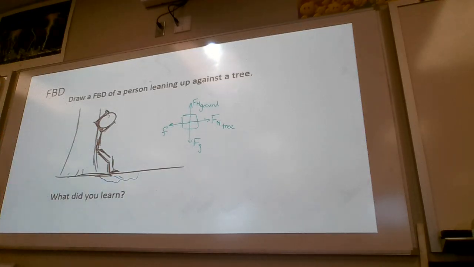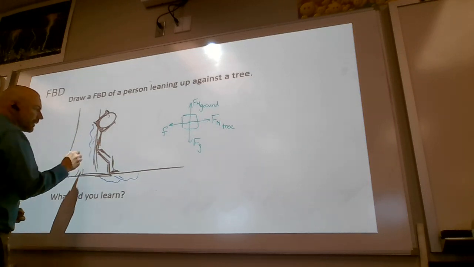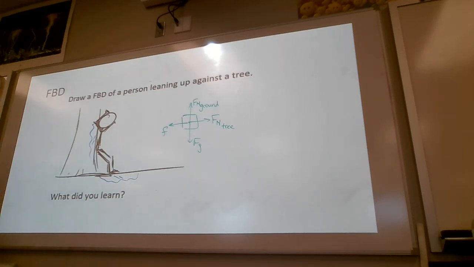Okay. If you've ever done a wall sit, after a while, this burns. And your body tends to do what? Give out. Because you're not exerting the same amount of force. Starts to slip down. If the tree had a surface of ice on it, which way would you slip?